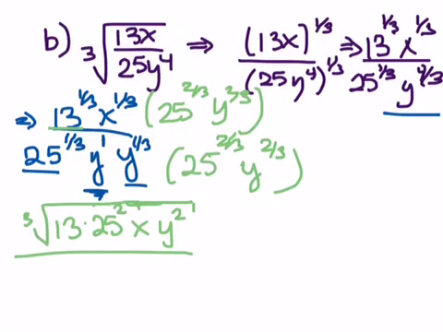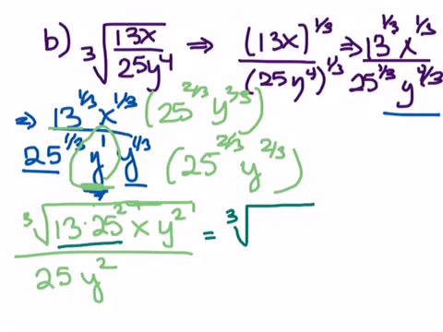Then in the bottom I have 25 y to the 1st, because that comes from this one here, and then I have another y to the 1st, so that gives me y squared in total in the bottom. So I need to simplify the 25 squared times 13. That's going to give me the cube root of 8125, and then my xy squared underneath there.